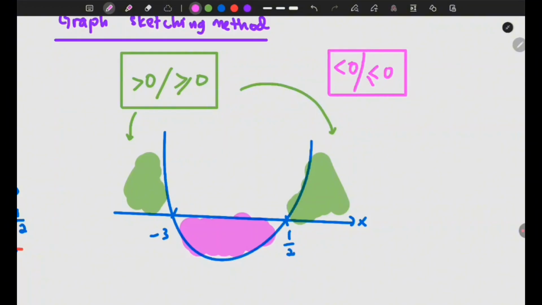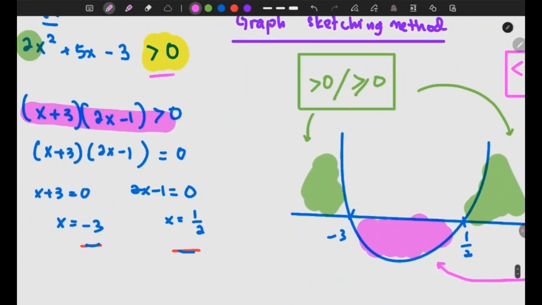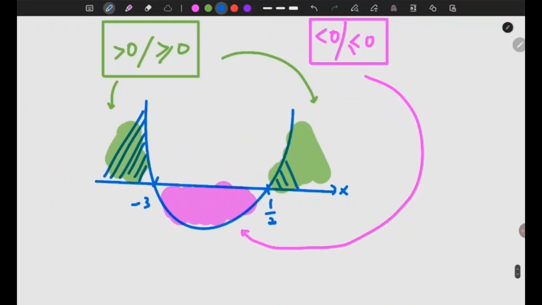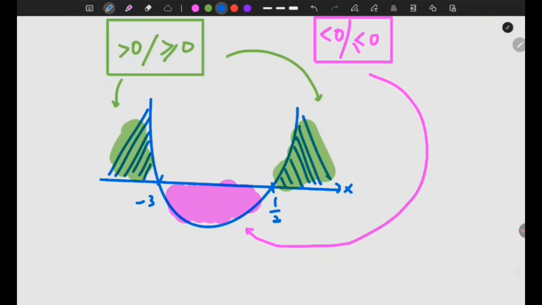Easy, right? So this time they say more than 0. More than 0 means the green part. That means shade here, something like this. And this will be your answer.